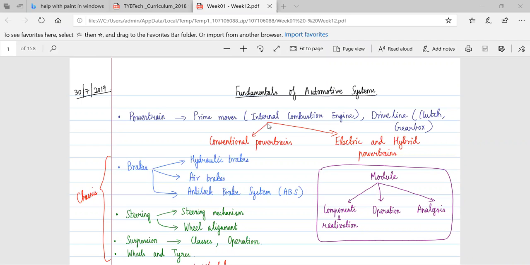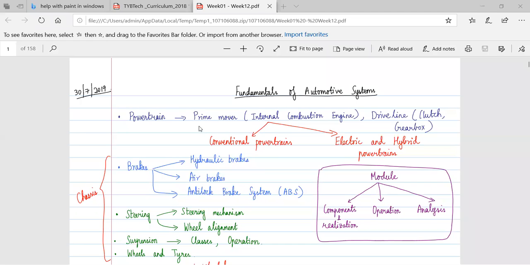In combination with these two, we have the braking system. And to get comfort inside the automobile, we have suspension systems. So there are a lot of modules working behind automotive systems, and we'll go one by one.